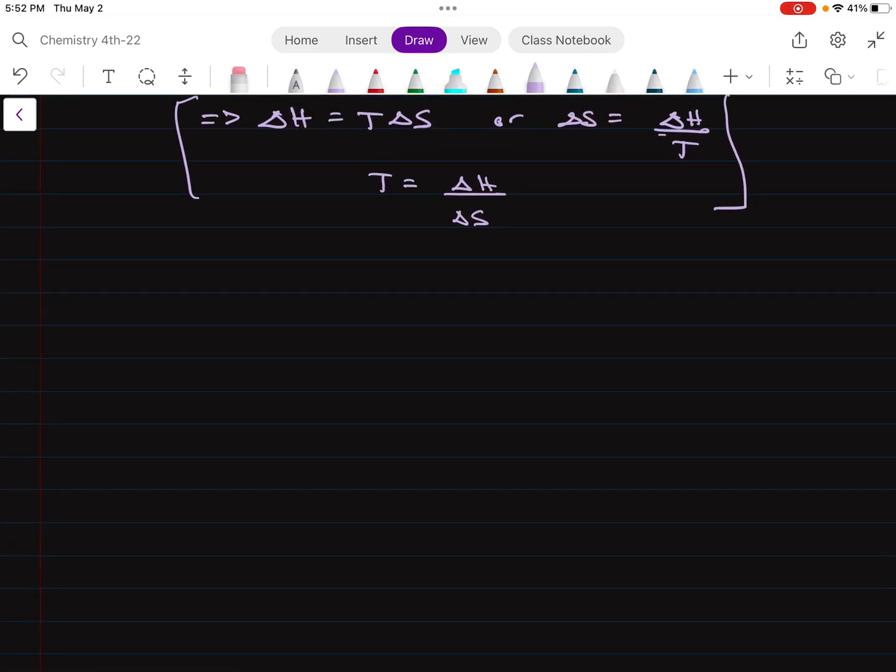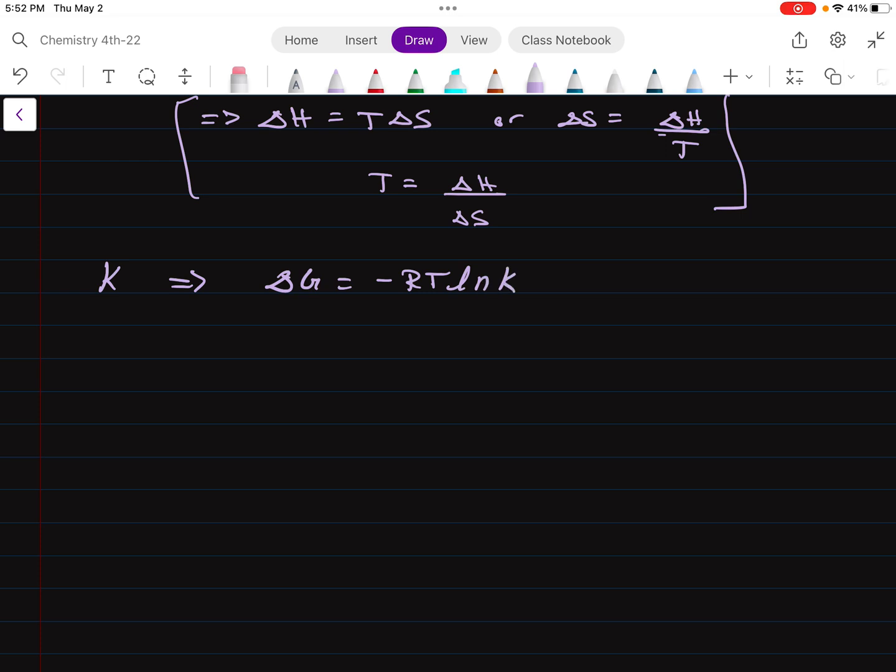Now, when we start working with equilibrium, that's when we start introducing equilibrium constants. Remember that the equilibrium constant is K, and when we're working with Gibbs free energy, that formula takes on a whole new look.